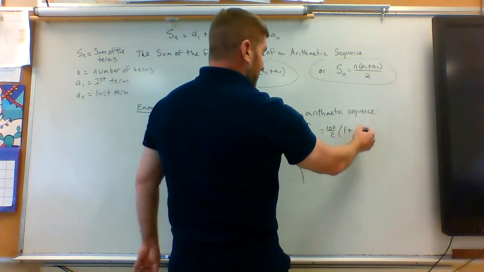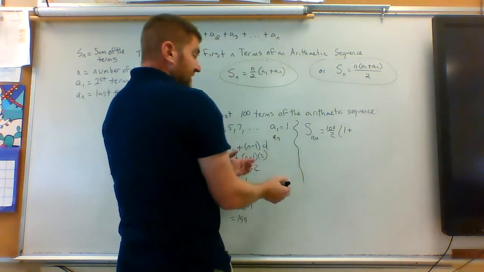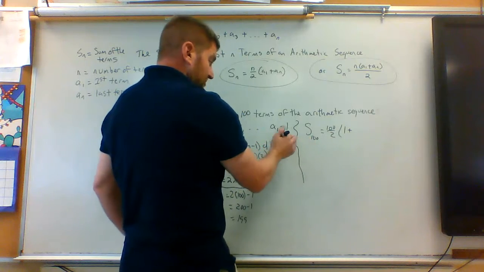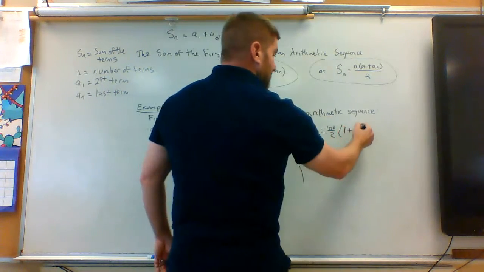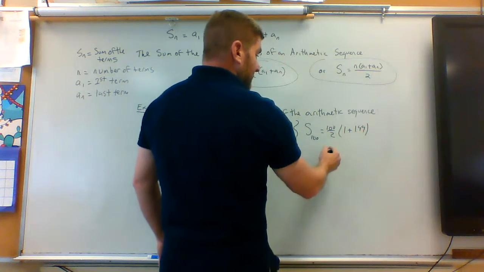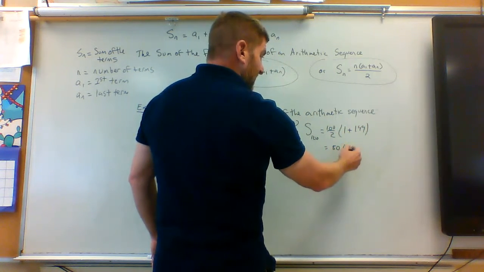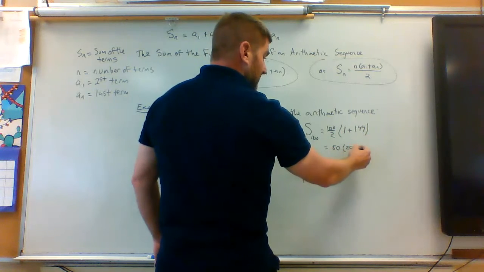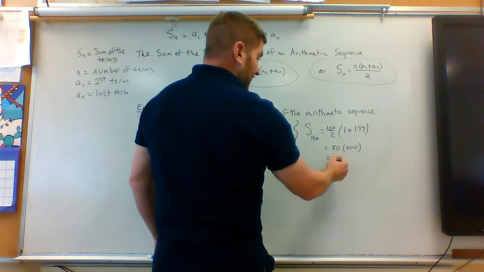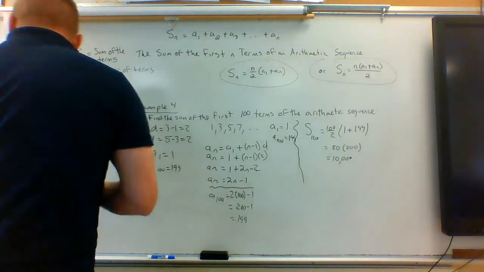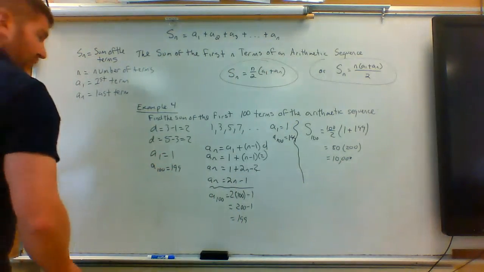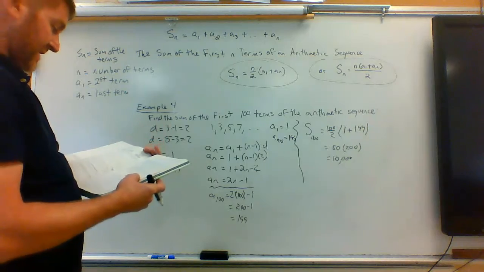So this becomes a sub n, but remember, n is 100. So it's 1 plus 199. So this is 50 times 1 plus 199, which is 200, which ends up being 10 with 3 zeros, 10,000. And that would be my final answer to this checkpoint, example number 4 right there.